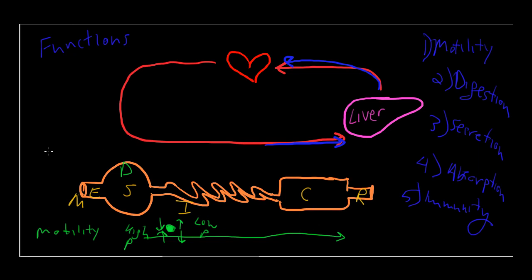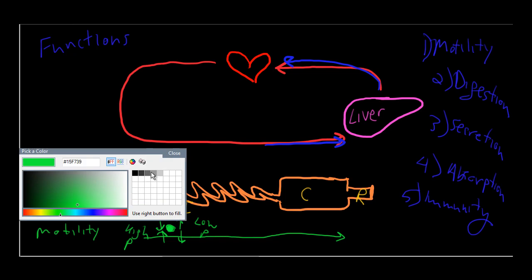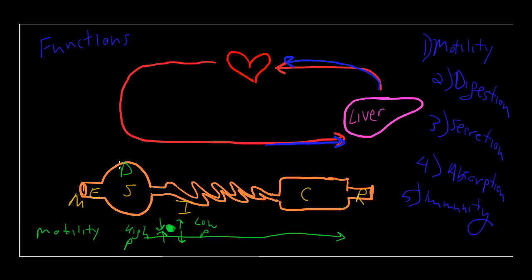Secretion occurs throughout the tract. We have secretion in the salivary glands in the mouth. We have secretion of serous and mucus secretions. Serous simply means proteins.